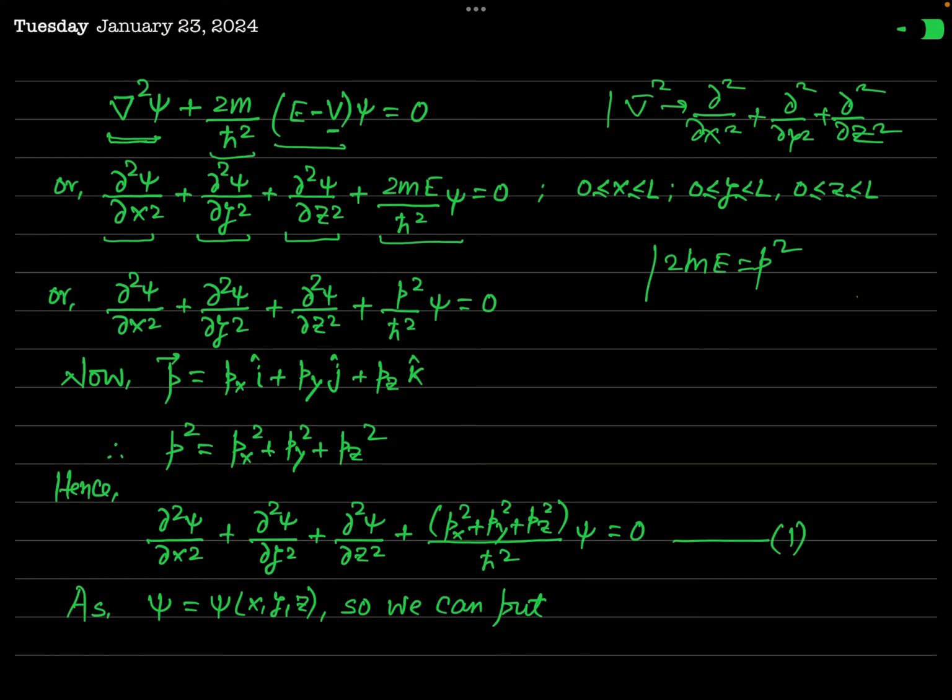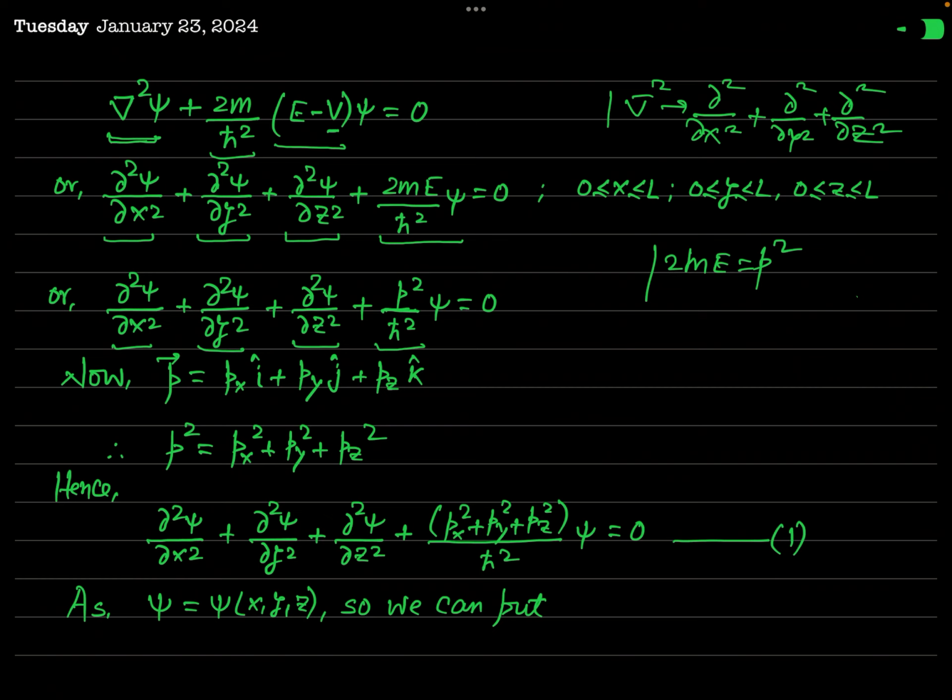So instead of this 2mE, we can write p square. So the Schrodinger time independent equation in 3 dimensions becomes del 2 psi by del x square plus del 2 psi by del y square plus del 2 psi by del z square plus p square over h bar square psi equal to 0. Here p is the linear momentum of our electron.